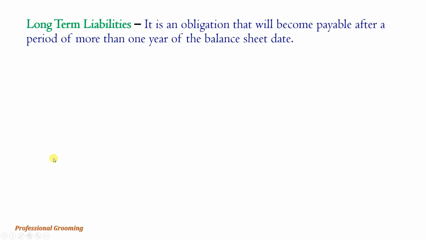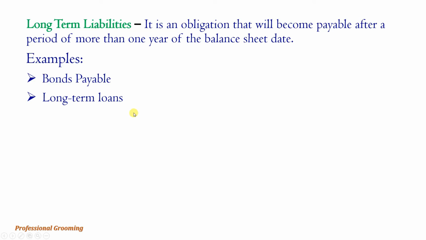Now let's discuss long-term liabilities. It is an obligation that will become payable after a period of more than 1 year of the balance sheet date or of an accounting period. Examples include bonds payable, with more than 1 year lifetime, so those will be long-term liabilities.